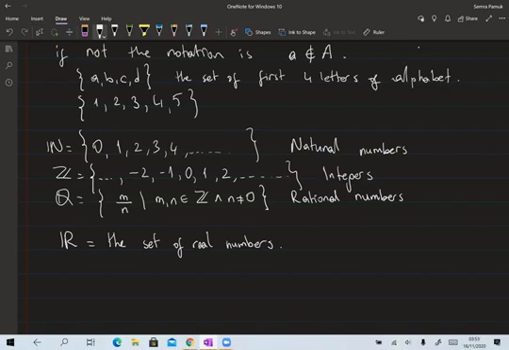When they measured that distance, they saw that it is not a rational number. It's square root 2, and probably you have seen the proof that square root 2 cannot be a rational number. So there comes the need of the real numbers. But this is, of course, not the definition of the real numbers.